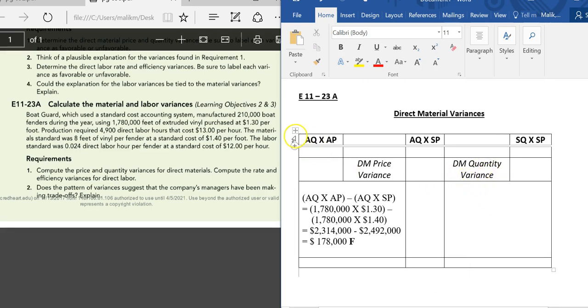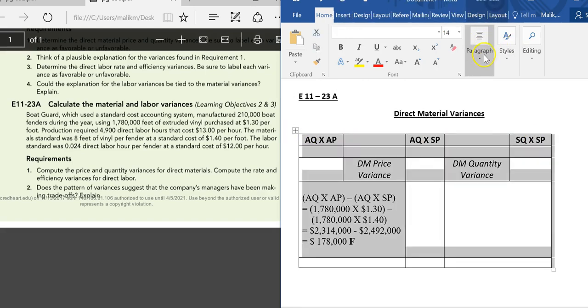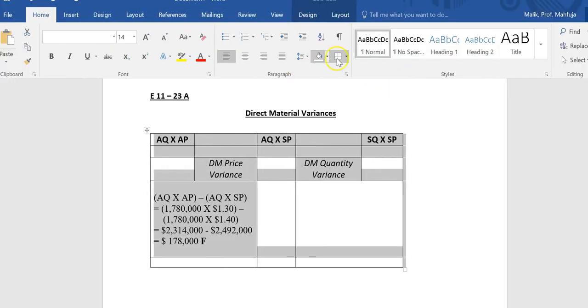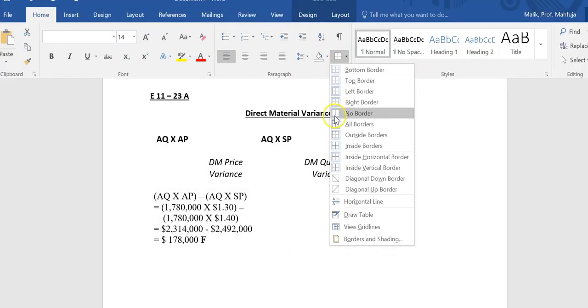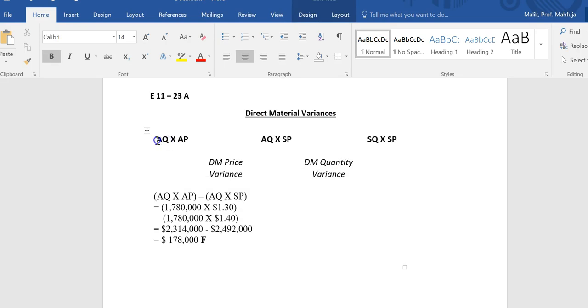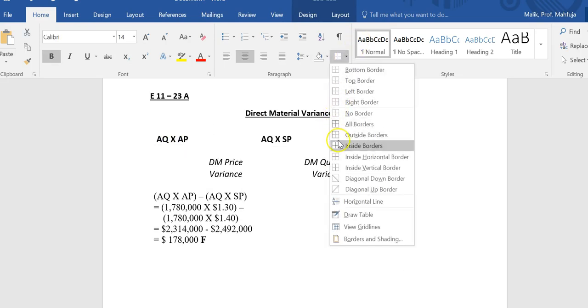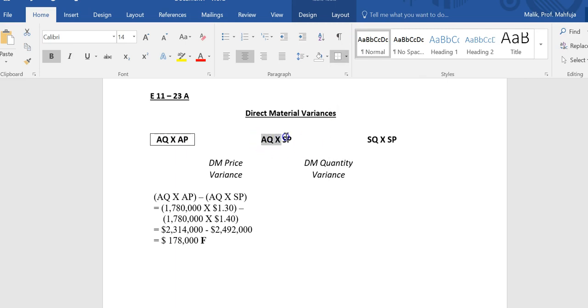So direct material quantity variance, here again our second box versus the third box. If I would like to show you this one, this is our first box and this is our second box.